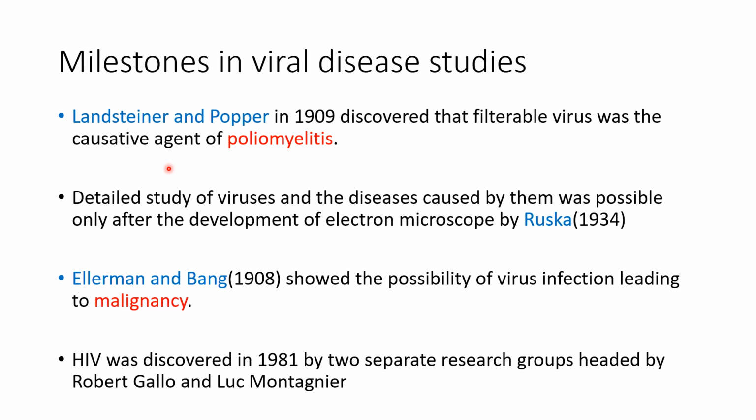Ellerman and Bang first showed the possibility of a virus infection leading to a type of cancer, generally called malignancy. So viral infections can lead to cancer. This concept was given by Ellerman and Bang. And as we all know, HIV was discovered in 1981 by two separate research groups headed by the scientists Robert Gallo and Luc Montagnier.